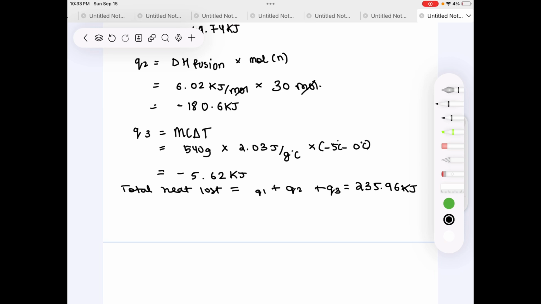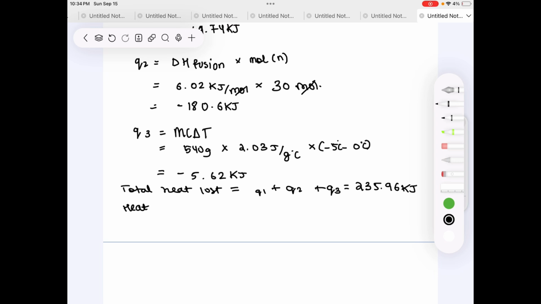Now, the heat gained by CF2Cl2 is equal to the heat lost by the system, which is the heat of vaporization into the mass of CF2Cl2 vaporized.